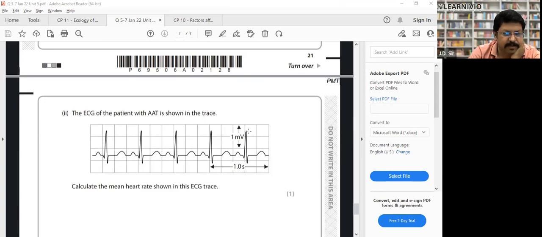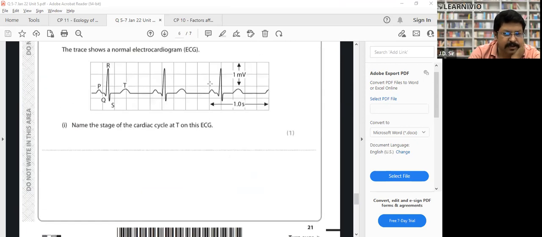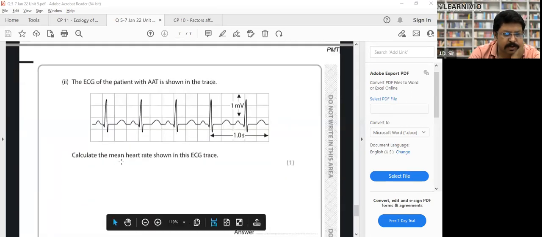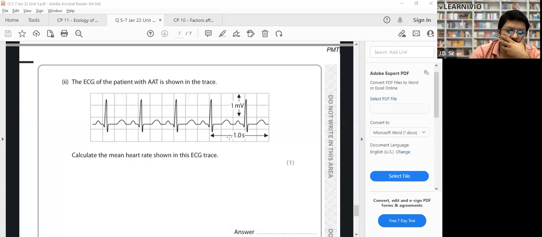And there are 5 cardiac cycles here. Here there are 3 cardiac cycles. Calculate the mean heart rate shown in the ECG. In 1 second, heart rate. Okay, this is 1 cycle.